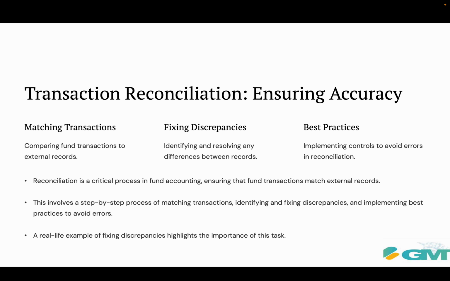You have to do the reconciliation between them, or where applications are there. If you find some discrepancy, you have to fix it and match the transaction. We will have some examples on the NAV calculation and reconciliation as well.